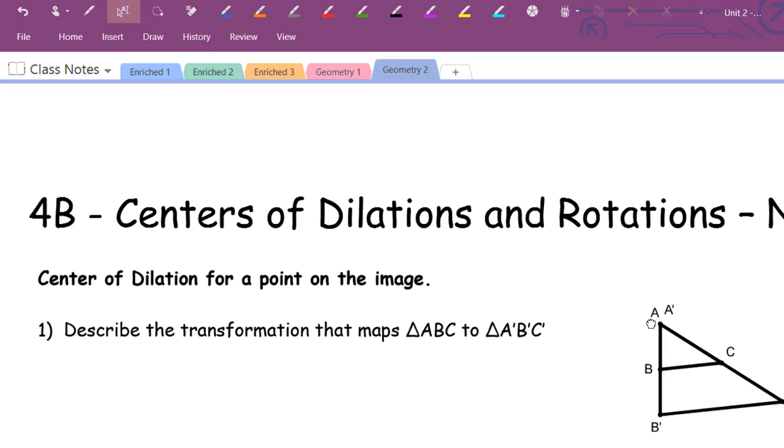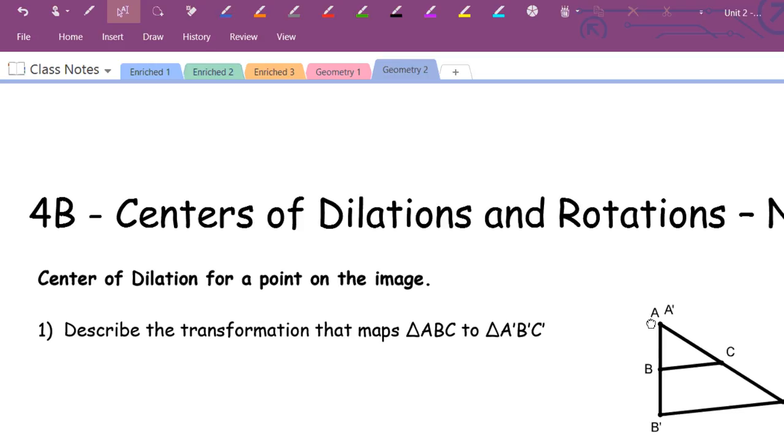You just take the distance from the point that you're dilating based on, your center of dilation, and count to all of the individual points on the original. And then, like before, if you went over 1 and up 3, and you're dilating by a scale factor of 2, now instead of going over 1 and up 3, you go over 2 and up 6. Just take whatever that motion is that you did before, and double it. That's it.